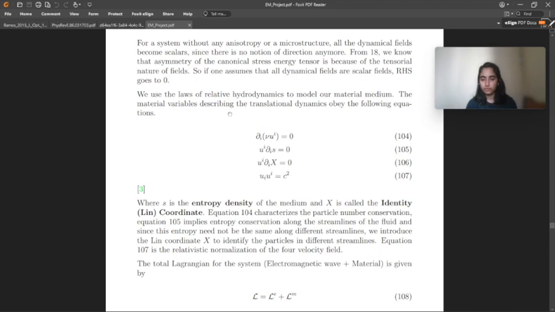We model our fluid using the laws of relativistic hydrodynamics, and from there we know that we get these four equations. The first equation corresponds to particle number conservation.